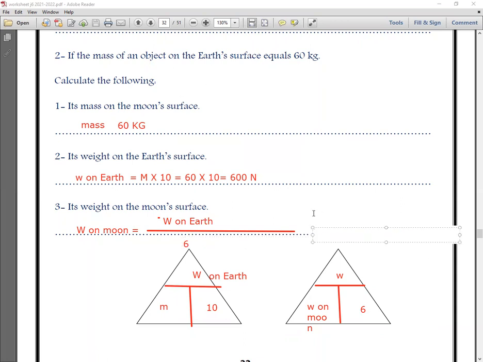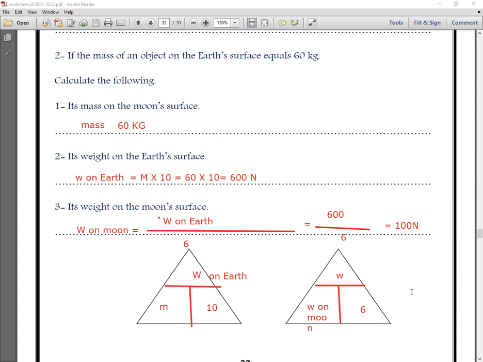So equals 600 divided by 6, so equals 100 Newton.